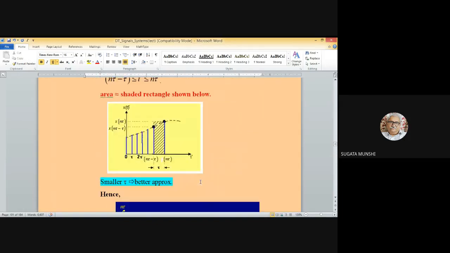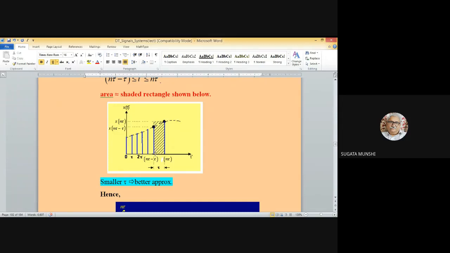So what you have to find out is this area. This area is required, but an exact method of obtaining this area is not possible. So this area is approximated by the area of this rectangle.